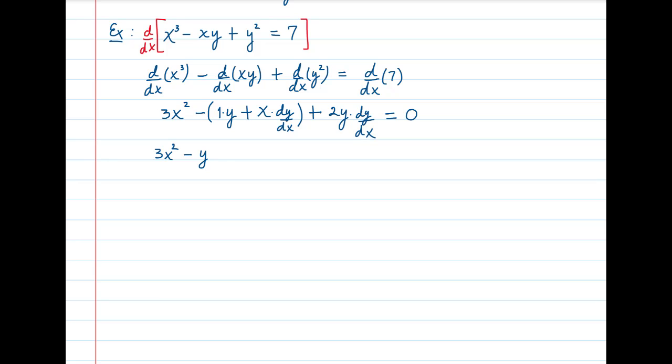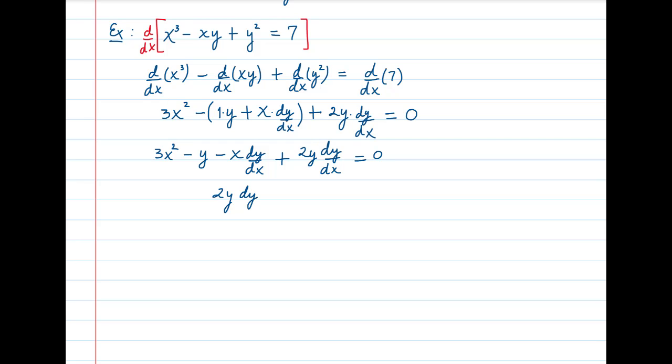Now our next step is to just kind of group, simplify it a little bit, distribute the negative so that we get rid of that parenthesis and we can group all the terms that have dy dx. So if you follow here what I'm doing, all I've done is I've distributed the negative to get rid of the parentheses, and now I see clearly I have two terms that have dy dx. Okay, first I want to move everything that doesn't have dy dx to the other side, to the right side of the equation.